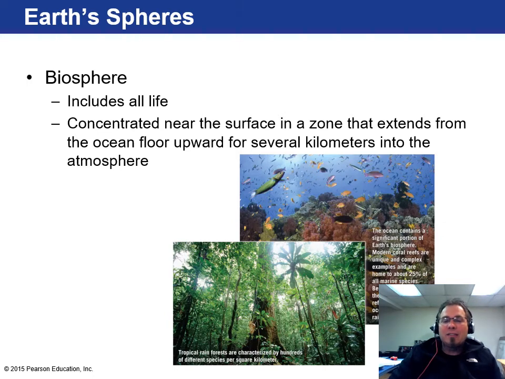We need the trees to sequester the carbon dioxide to produce oxygen, which gives us an atmosphere and something to breathe. So we need the trees, for example. We need all of the life. We need things to eat and grow, and so the biosphere, while not technically what we're looking at in this particular class, is hugely important as well.